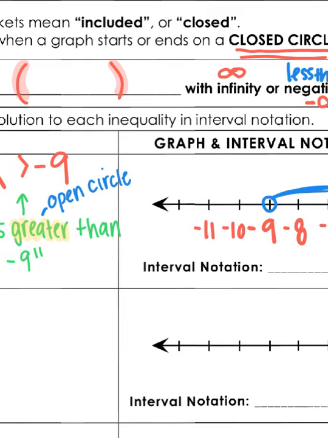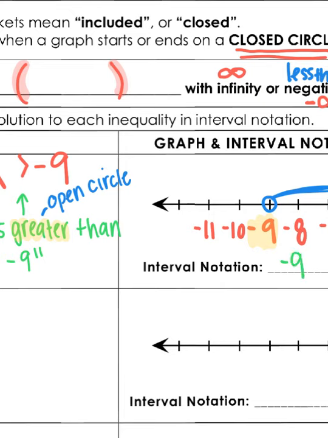And then now we need to do interval notation. So if you could see this graph, the lowest number here is -9. Because we're on the very left side when we read our graph, we're going to start with -9.